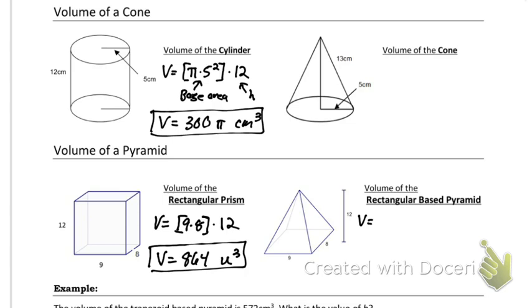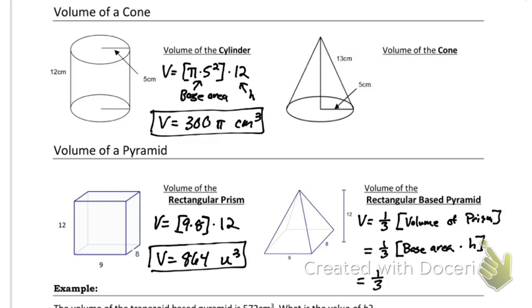Our volume is going to be 1/3 the volume of your prism. That means that volume is 1/3 the base area times the height.